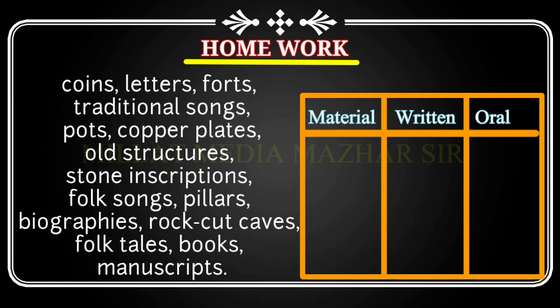Make 3 boxes and classify these sources of history in the proper box: material sources, written sources, and oral sources. Put all these things in the proper box.